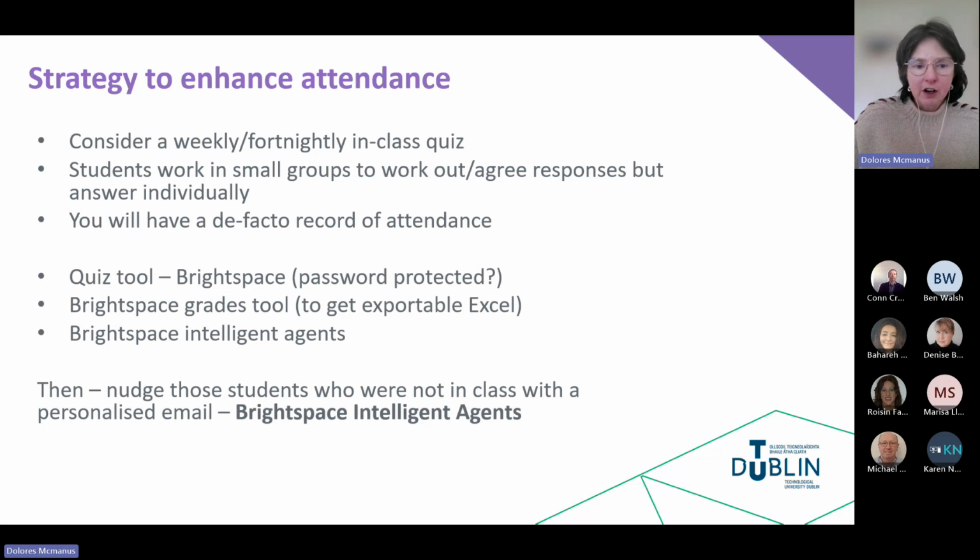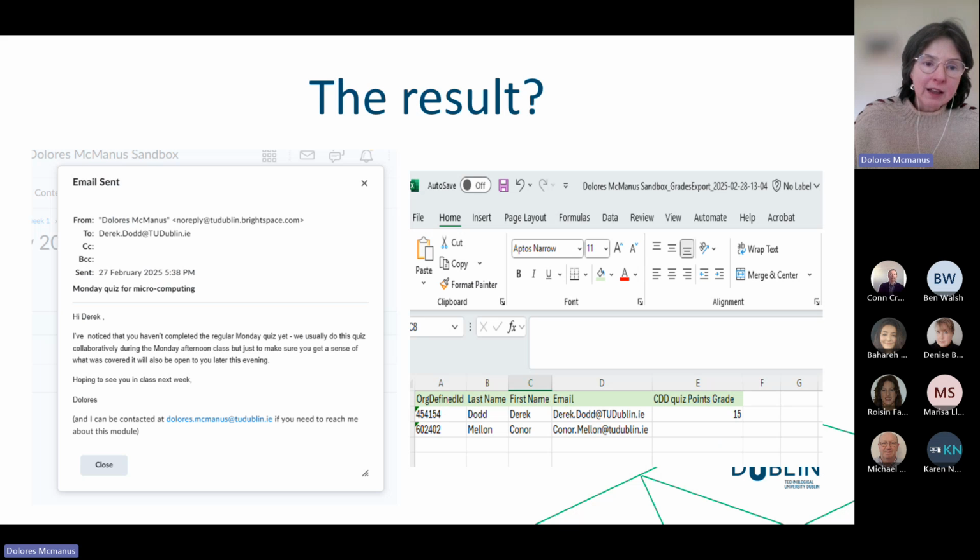You can draft a very friendly and gentle email, and the Brightspace Intelligent Agent will check the list of students who participated in the quiz and will email those students who haven't submitted the quiz. There are a couple of steps involved in setting that up, but it's quite straightforward and it's not particularly arduous.